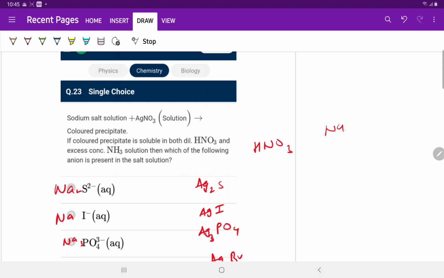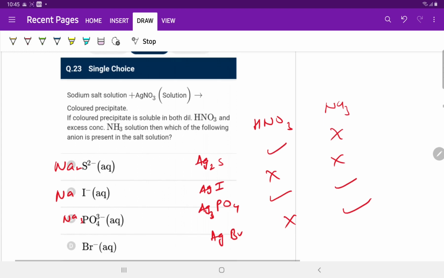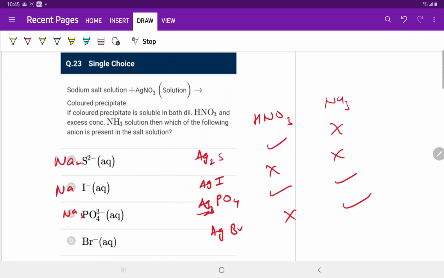Testing with HNO3 and NH3: Ag2S is soluble in HNO3 but insoluble in ammonia. AgI is insoluble in both. Ag3PO4 is soluble in both HNO3 and NH3, and AgBr is soluble in NH3 but insoluble in HNO3. So the salt is Na3PO4 giving Ag3PO4. So option C is correct.